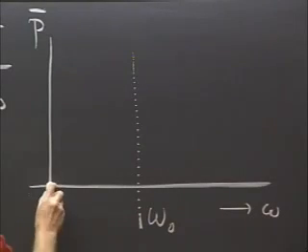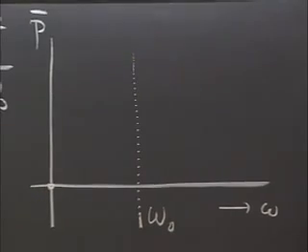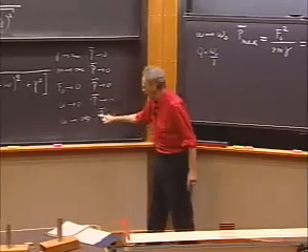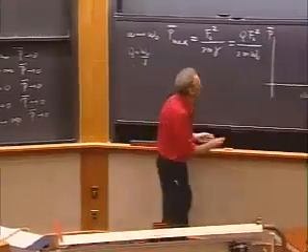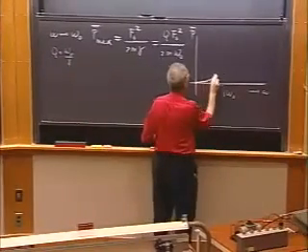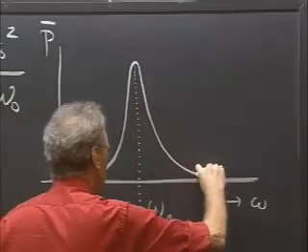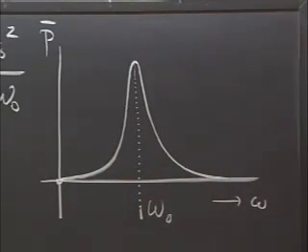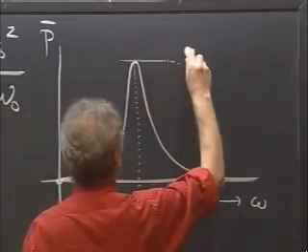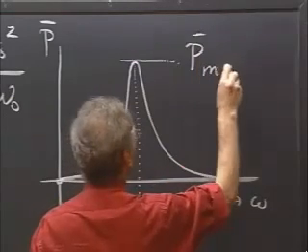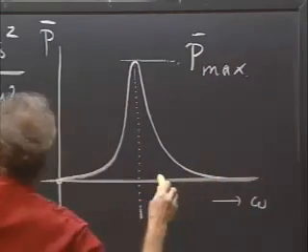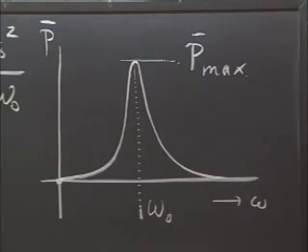It starts at 0, you see, and it ends at 0, and it sweeps up to a maximum, and then it goes down again. And for reasonable values of Q, these curves look extremely symmetric. And so this value here is then P average max, which is that value.